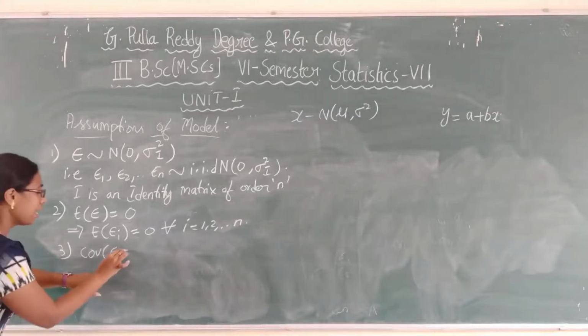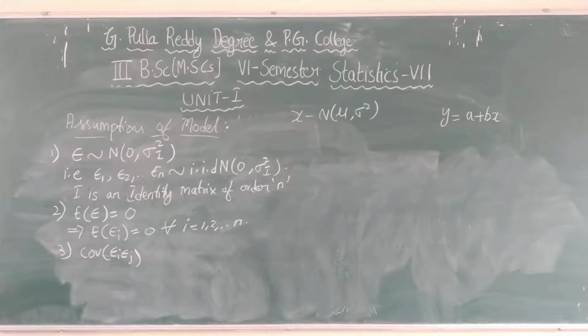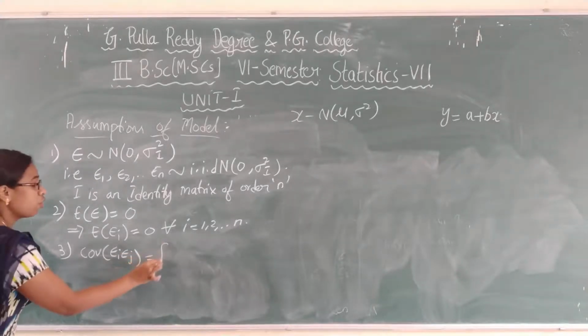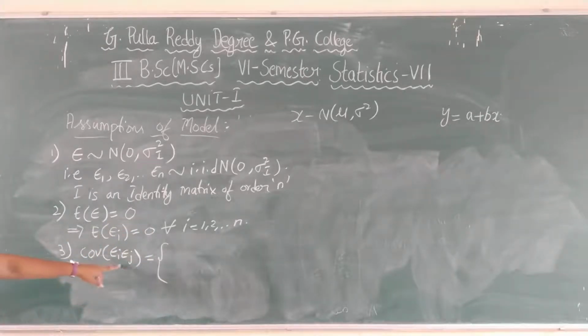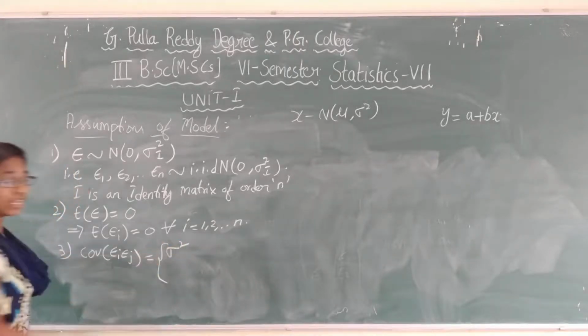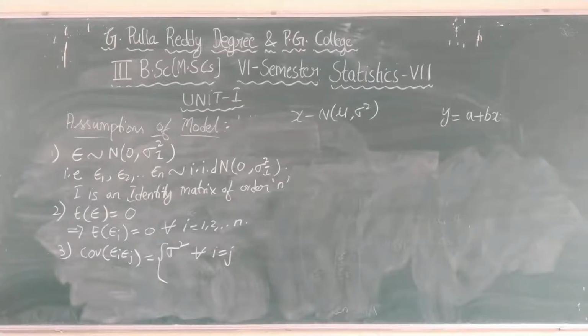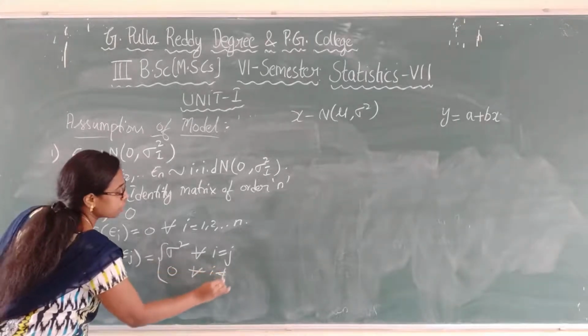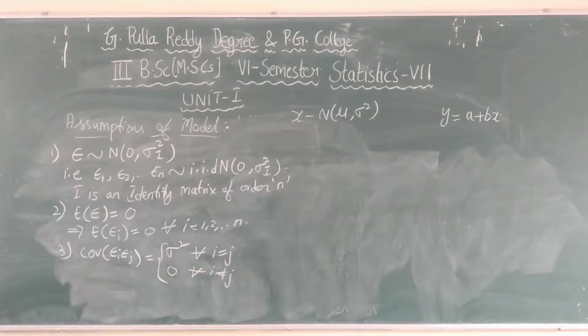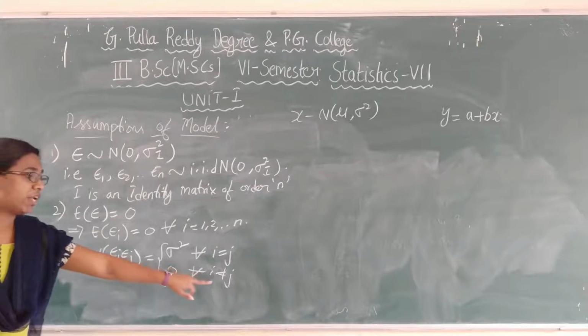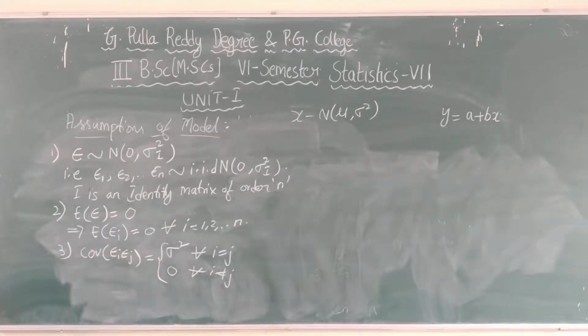If I consider epsilon i as one and the second as epsilon j, the covariance will be different for i equals j and i not equals j.